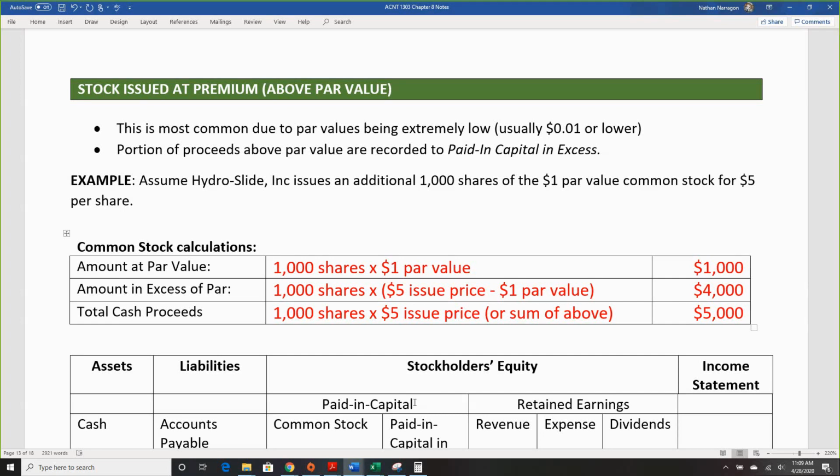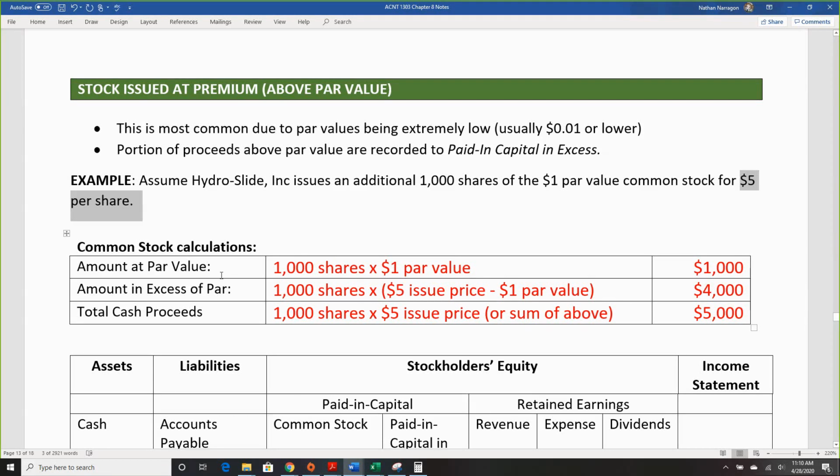When this happens, this table will come in handy for you. It just helps you keep things straight. But basically, instead of Hydroslide issuing out for $1, like the face value of it, they issue it out for $5.